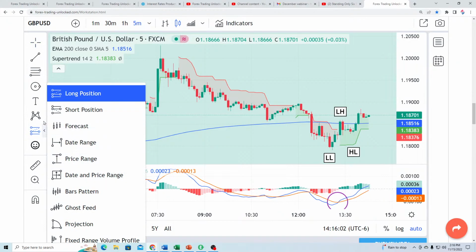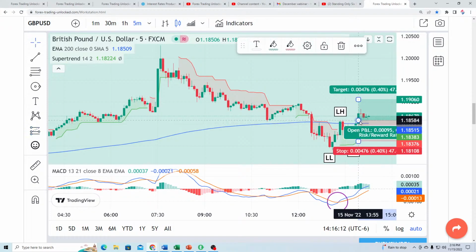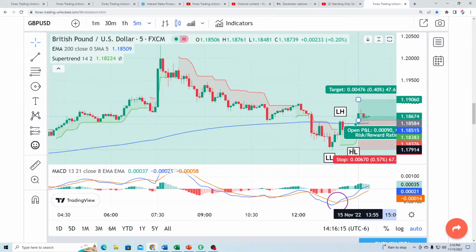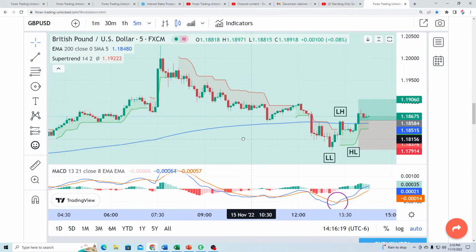You could use the original super trend level once again here because the market is finding support, but the best thing to do is actually use the breakout level there. Then we come to here. Let's move this back a little bit.